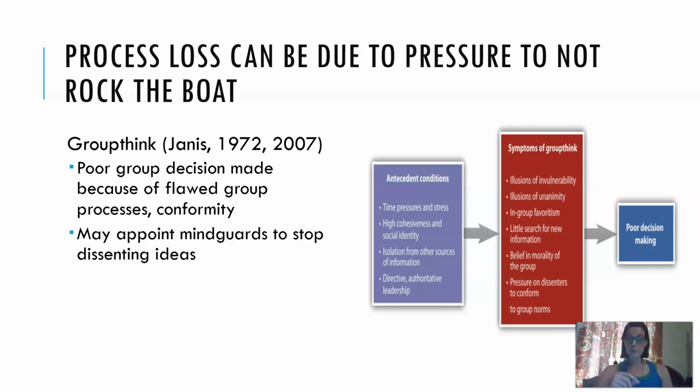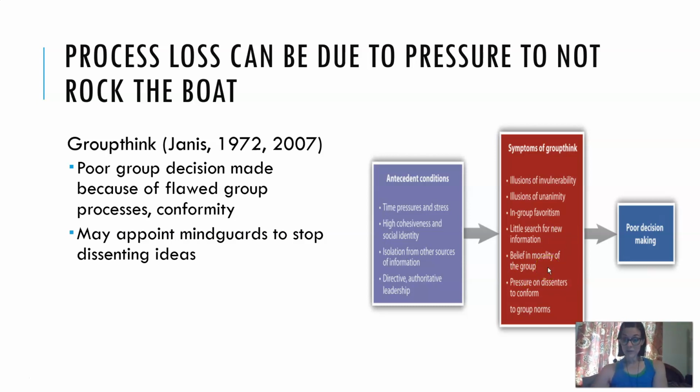It's possible that other people in the group may not agree, but because of this strong cohesion and because of pressure to conform, people who disagree may not say anything. There's clear in-group favoritism. We like people who are in the group. We agree with people who are in the group. The people who are outside of the group do not matter. Typically, because of this, there's going to be little search for new information.